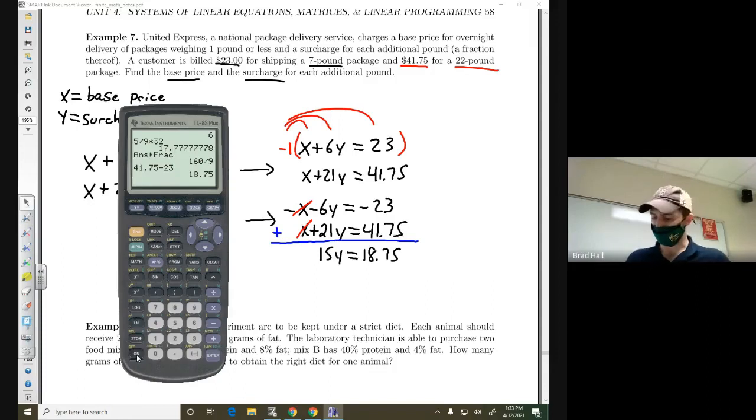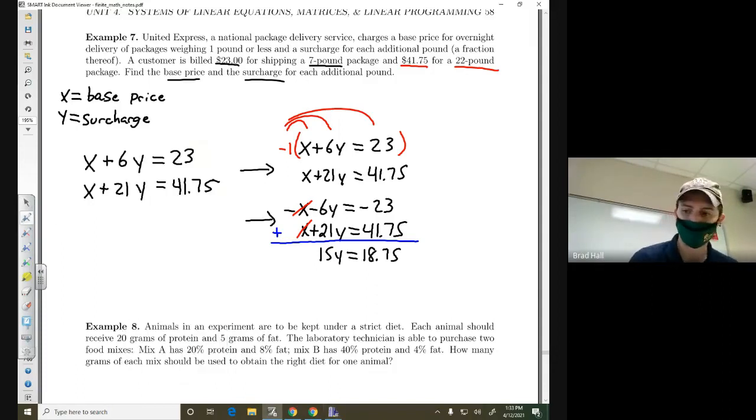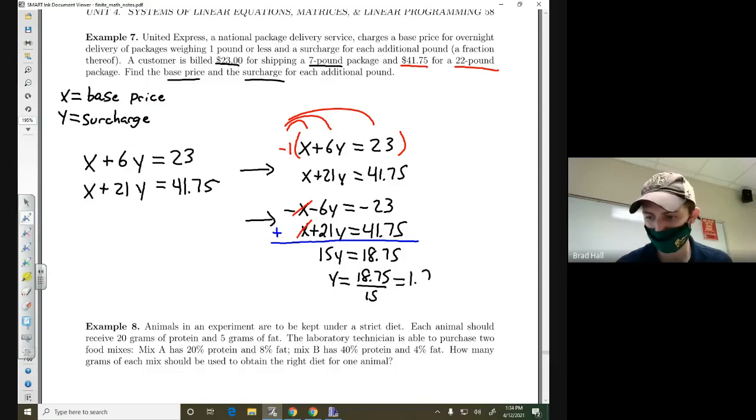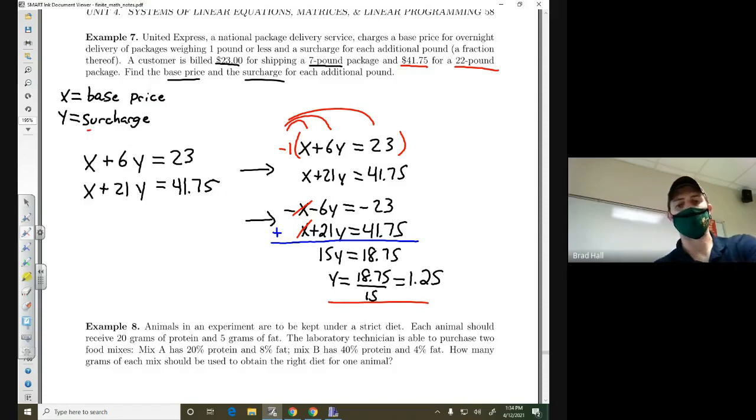And then there's going to be one more division by 15. 1.25. So what we found, we just found the surcharge. It costs $1.25 for each additional pound that you ship. That's what we found. But we need the base price. We don't know the base price.